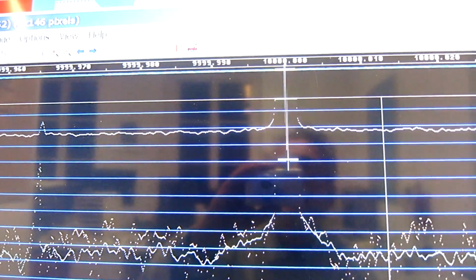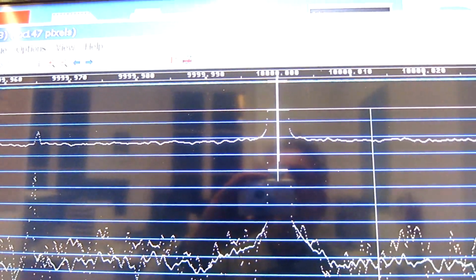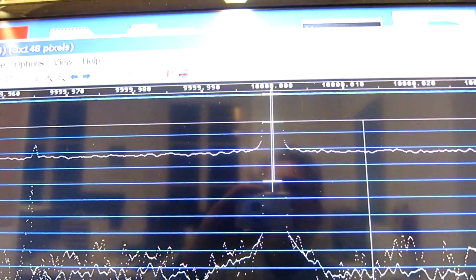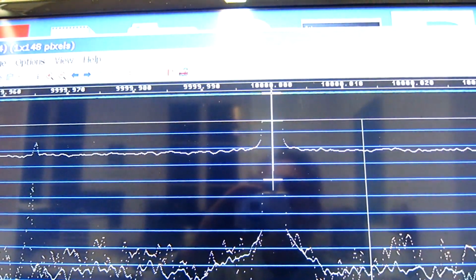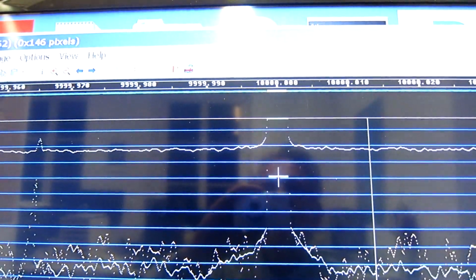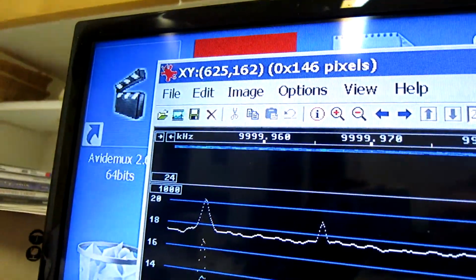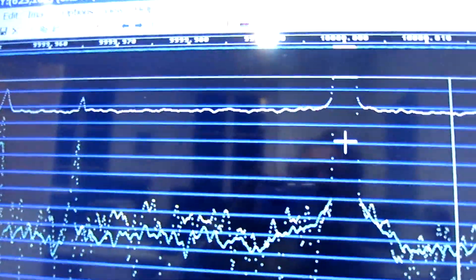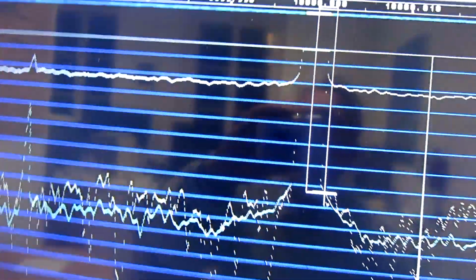And the X coordinate, I place both lines on the same position. The mouse is a little bit too sensitive. That's here. Then the position is 625 for the carrier.